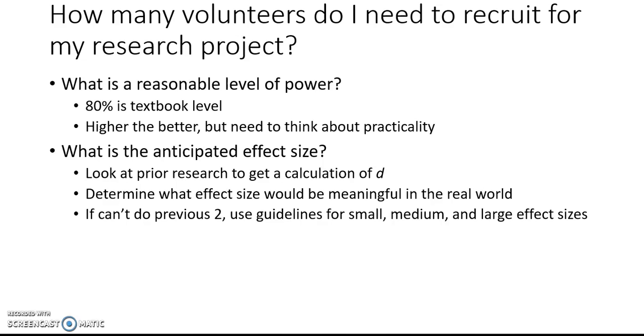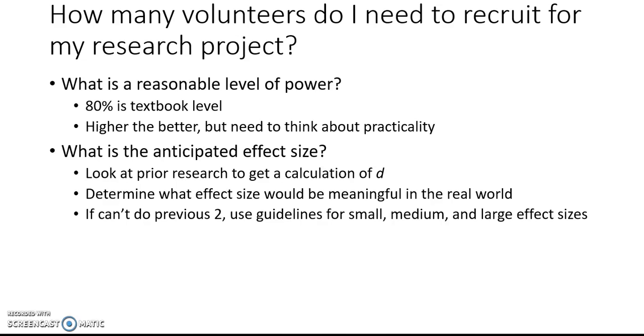So you need to determine what is the anticipated effect size, basically the distance between those two distributions. Now, you don't know what mu1 actually is in the real world, right? So you need to get an estimate for what that distance would be, what the effect size would actually be.